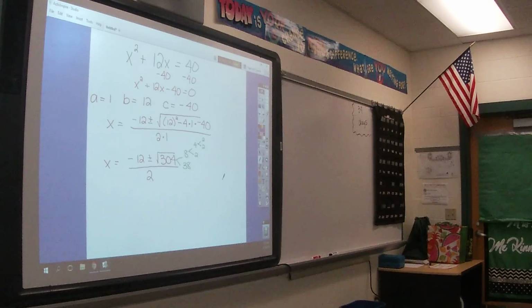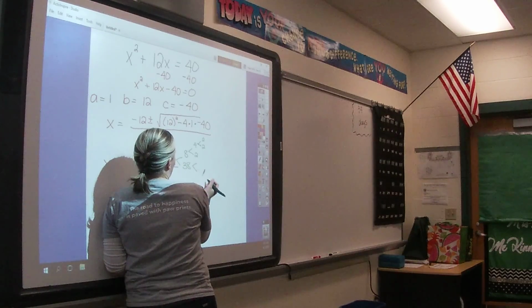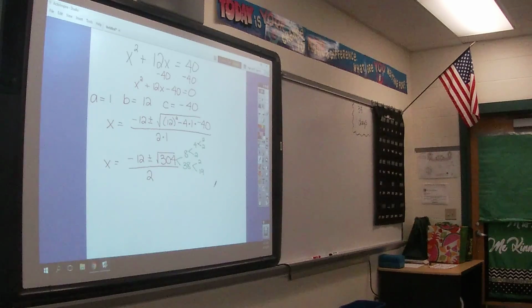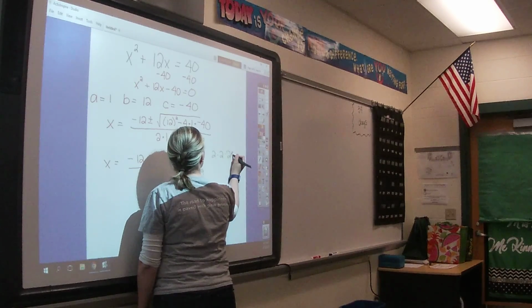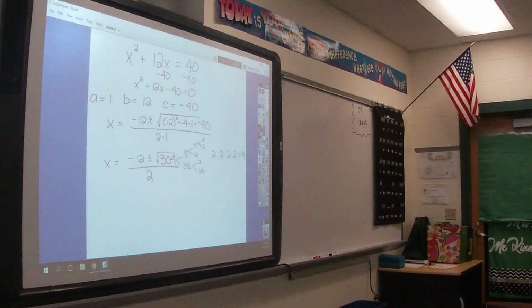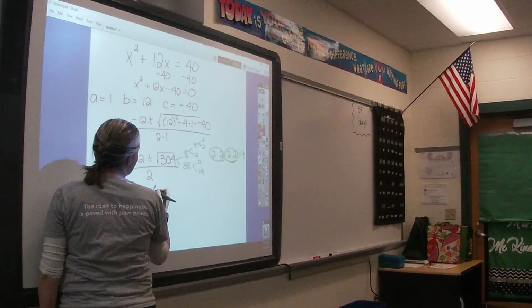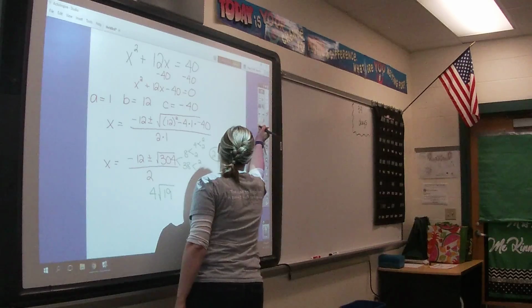And 2 and 19. 19 is prime. Okay, so this prime factors into 2 times 2 times 2 times 2 times 19. There are 2 sets of 2, so we have some pairs. 2, 2. So this becomes a 4 square root 19.